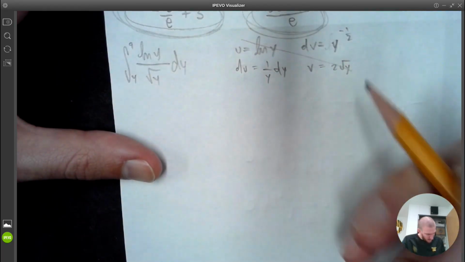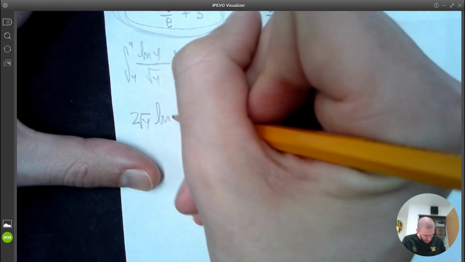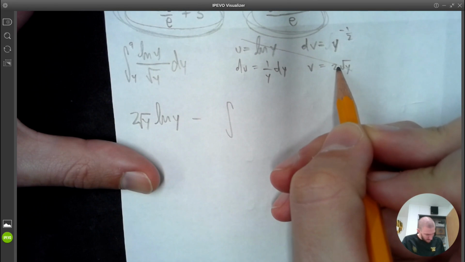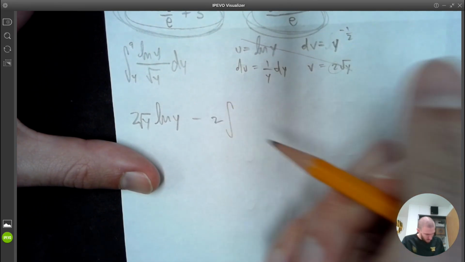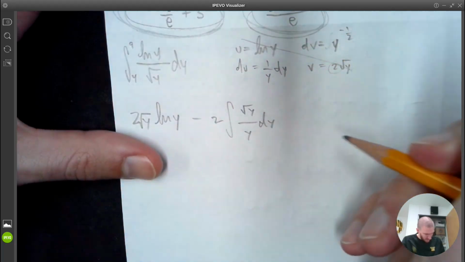Okay. Go diagonally: 2 square root y, natural log of y, minus the integral of 2 square root y over y dy.